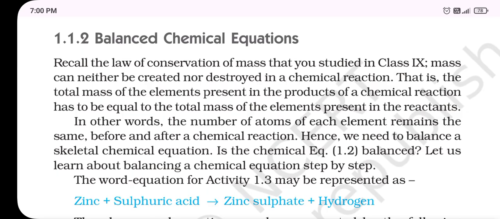That means you have to balance the chemical equations to make sure there are no unbalanced atomic masses. Moving forward.